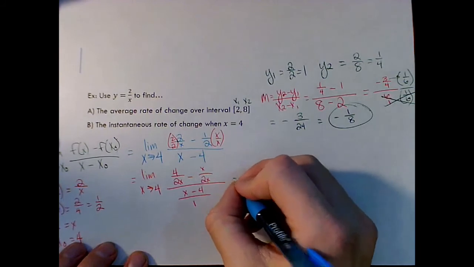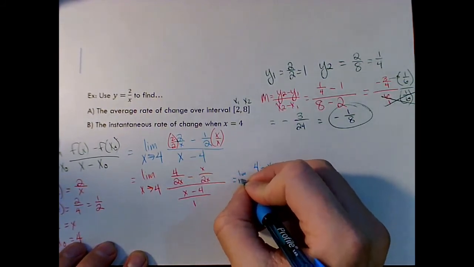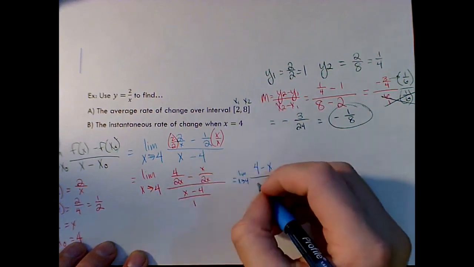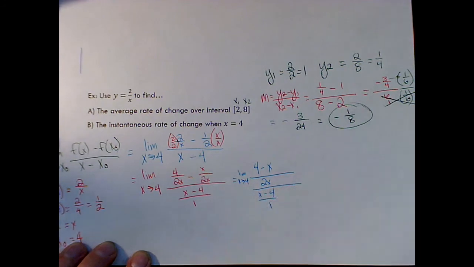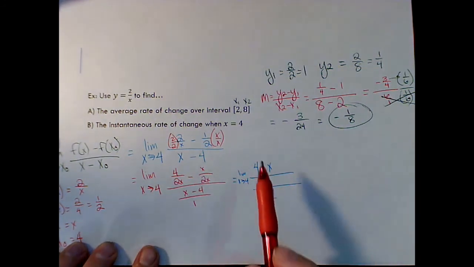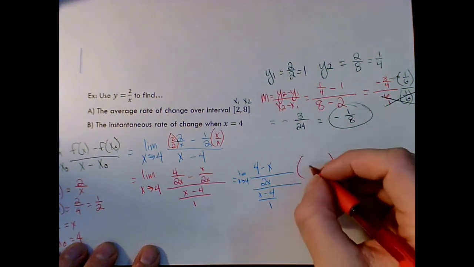All right. 4 minus x, the limit as x approaches 4 of 4 minus x over 2x, over x minus 4 over 1. If you have a fraction divided by a fraction, multiply the top and the bottom by the reciprocal of the denominator.